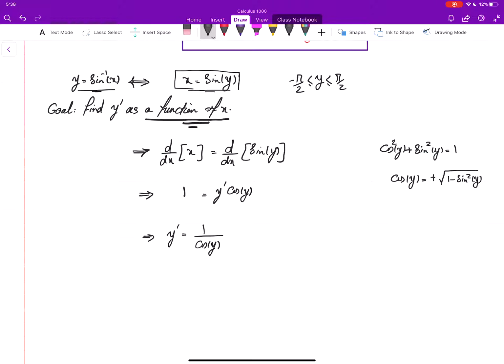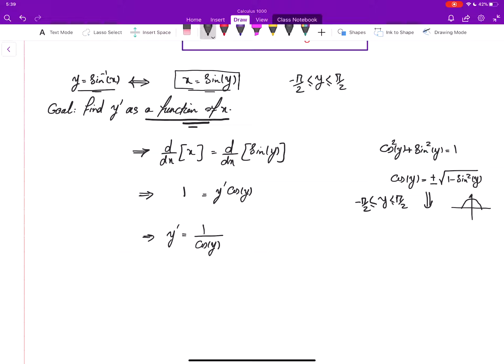Well, it can be positive or negative of that. But if y is on the interval bigger than negative pi over 2 and less than pi over 2, we know that cosine of y will be positive. Remember the graph, it will go like that.